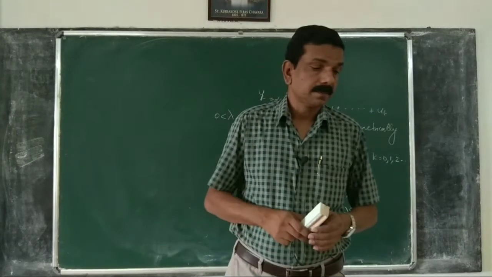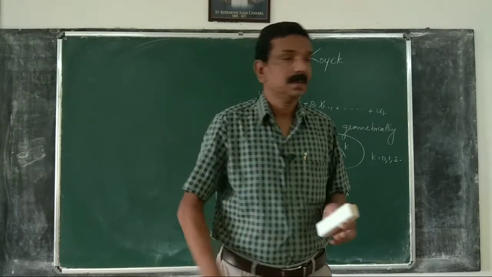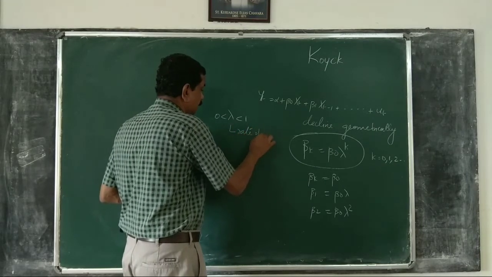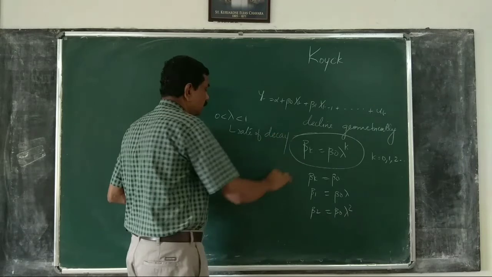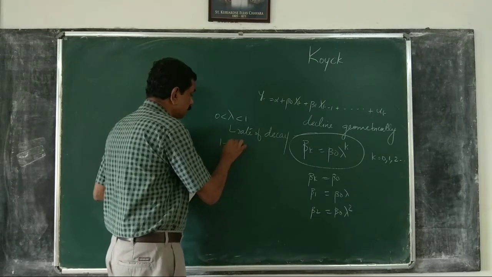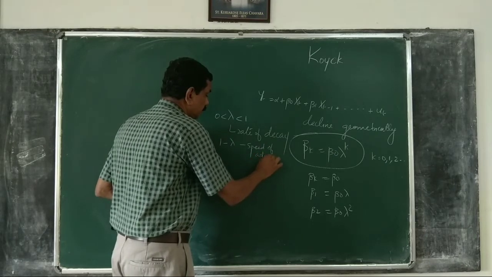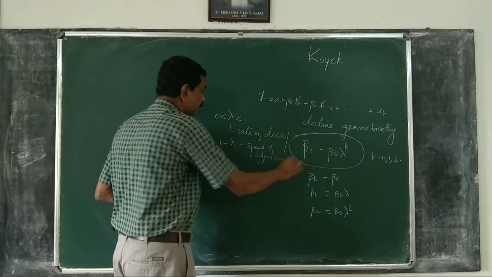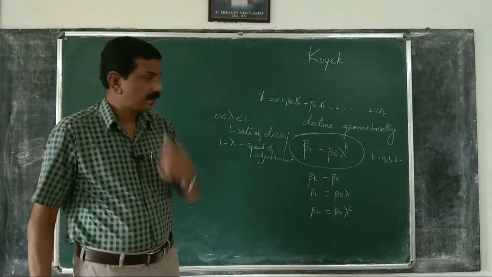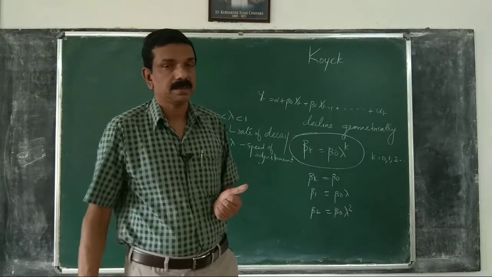Lambda is known as the rate of decay or decline of the distributed lag, and 1 minus lambda is known as the speed of adjustment.